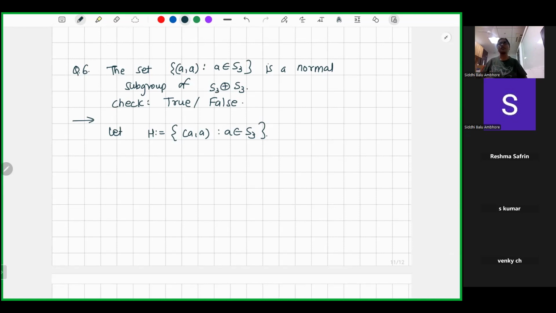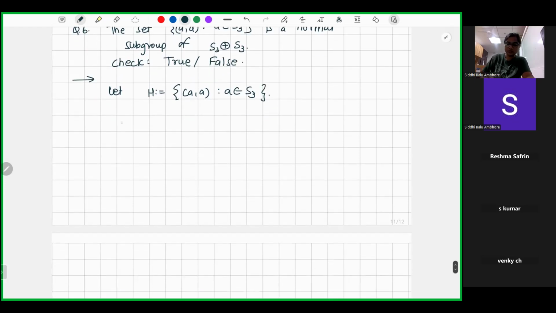Okay, so they are asking whether this is a normal subgroup of S3 plus S3 or not. What is your guess? Any guesses here? Do you think it will be a normal subgroup?